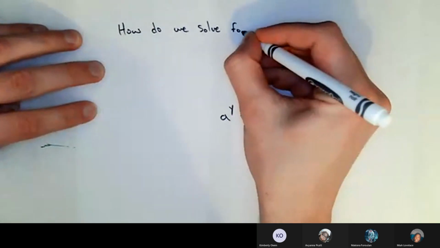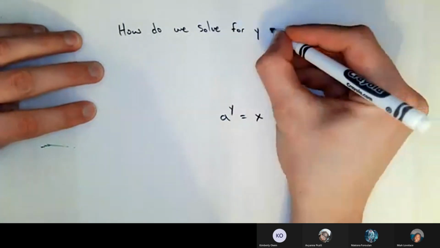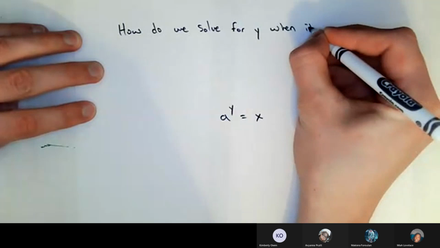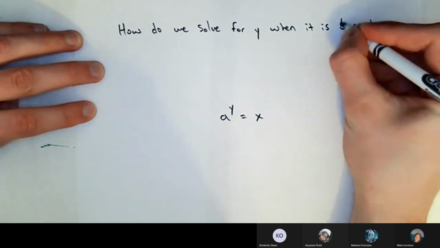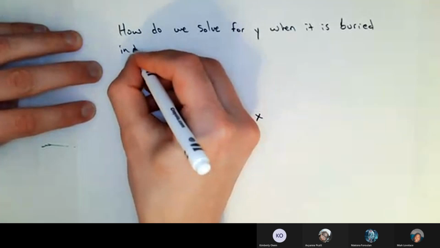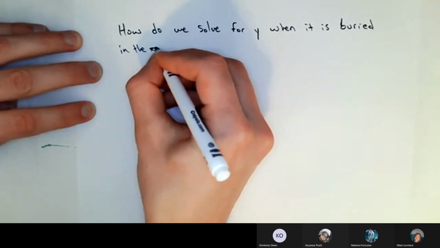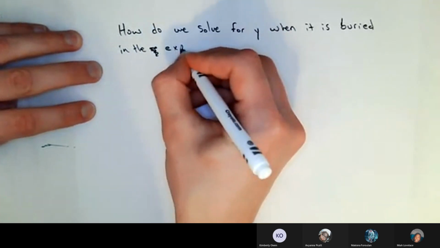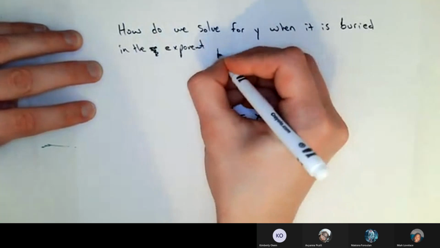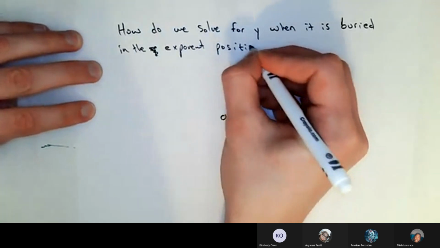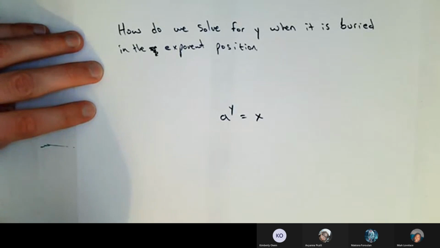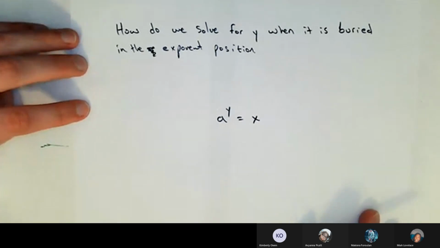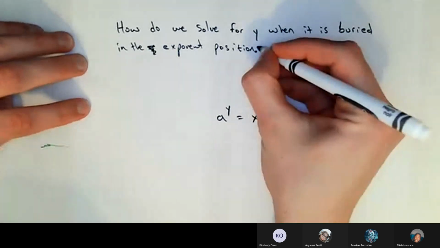How do we solve for y when it is buried in the exponent position? In the end, we want something like y equals something, right? So how do we explicitly solve for y when it's buried in the exponent position?